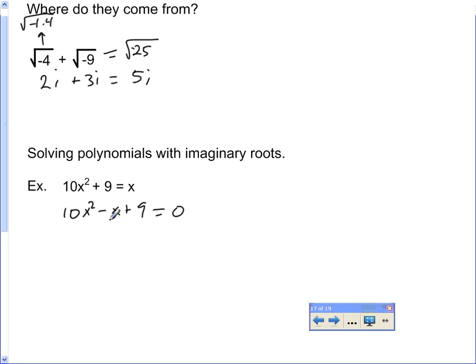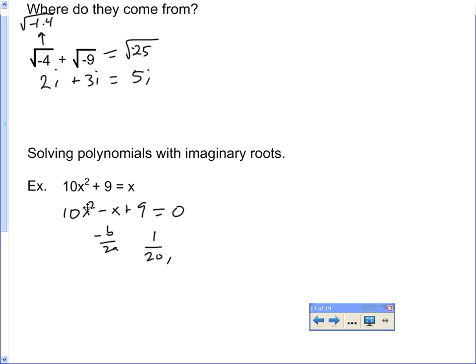I'm going to complete the square because I've found that nice, easy way to do it. So negative b over 2a is going to be the x part of my vertex. So I'm going to have negative negative 1, which is 1, over 2 times 10, which is 20. That's the x coordinate of my vertex.